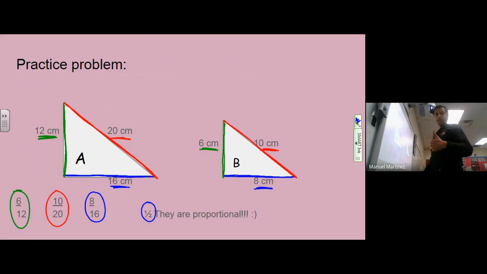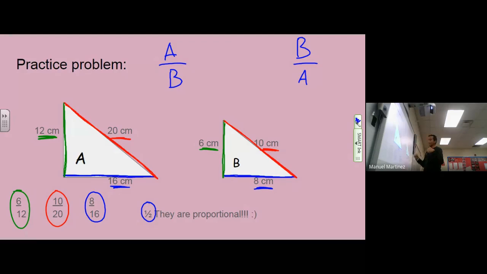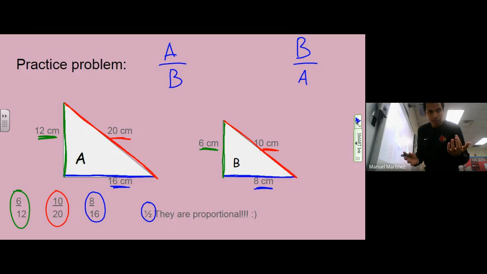Okay, so in the previous problem, I set it up like A to B, and in this problem, I set it up like B to A. So is one of them wrong? Did I do it wrong? No. All we need to remember is this: you have to be consistent.